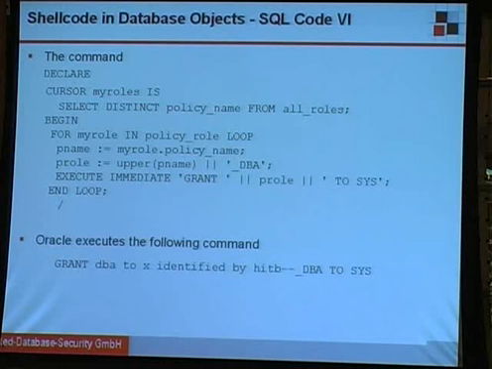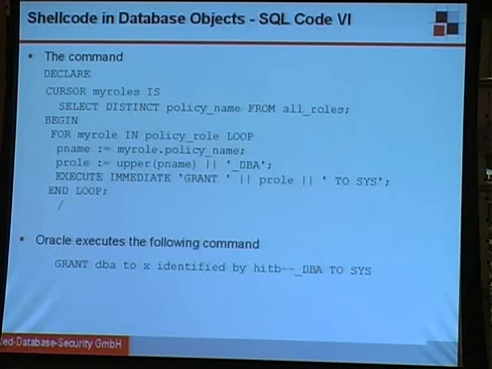Select policy name, so we get a list of all the policy names or the role names. Then we convert our role name to uppercase, and then we append the underscore DBA. And the idea was to grant all the roles to the user sys. But by using the following role name, Oracle is executing grant DBA to x identified by h in the box minus minus.